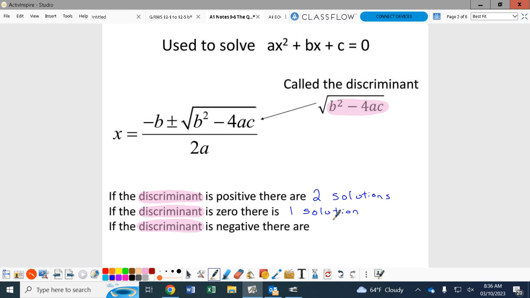But under the set of real numbers, you cannot take the square root of a negative number. Therefore, anytime you have a negative under there, there are going to be 0 solutions. 0 solutions if you have a negative under the discriminant.